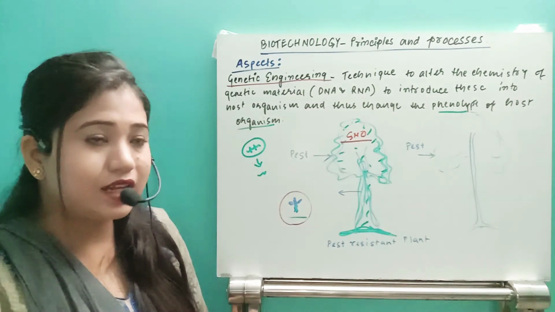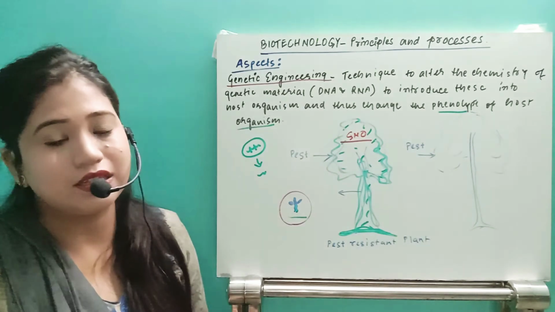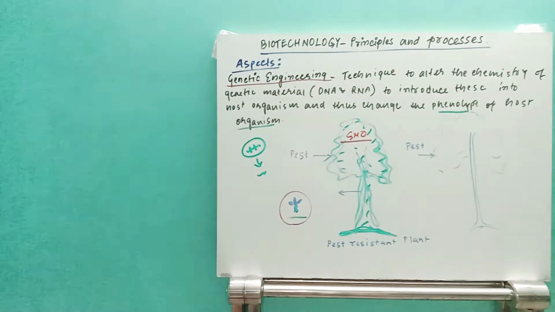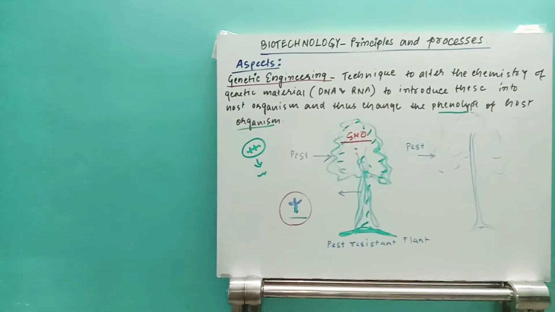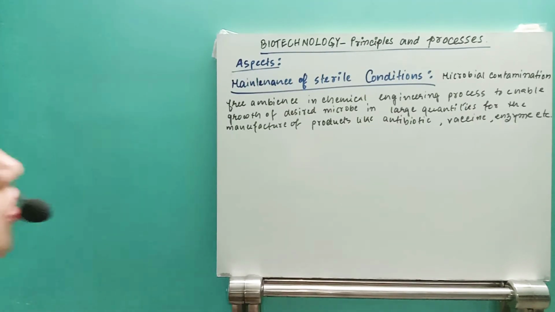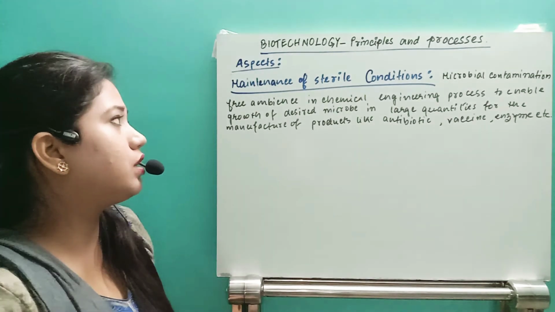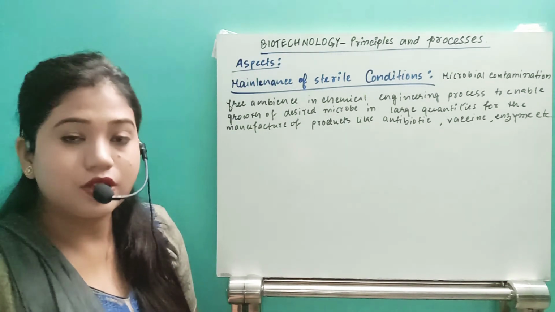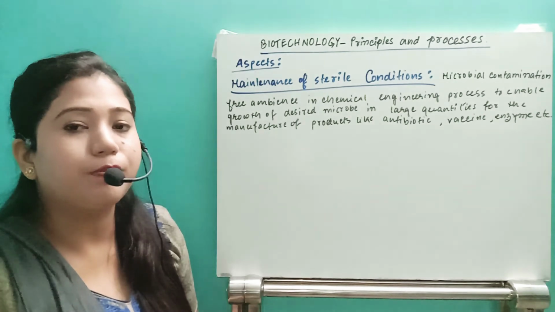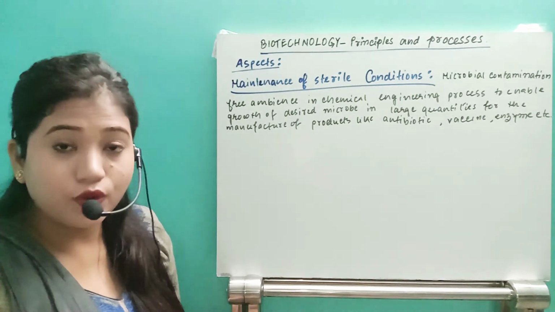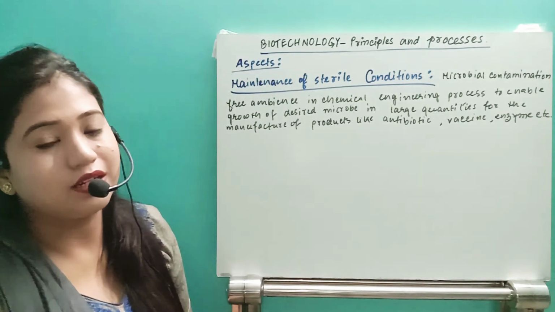After that, the second aspect, let us see, is the maintenance of the sterile environment. So after that, the next one is the maintenance of the sterile condition. It is also very much important to maintain a sterile environment so that we are able to get the desired product.